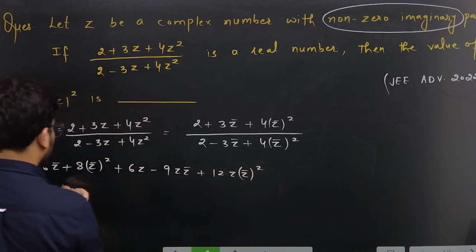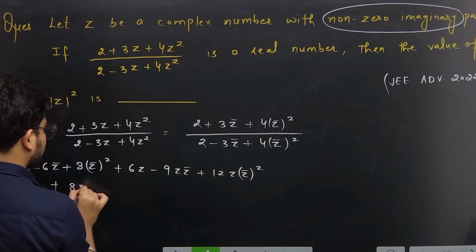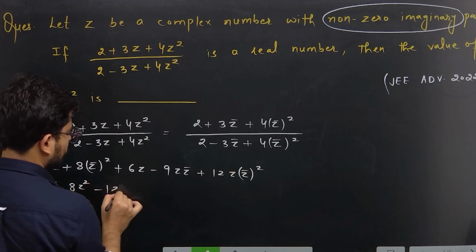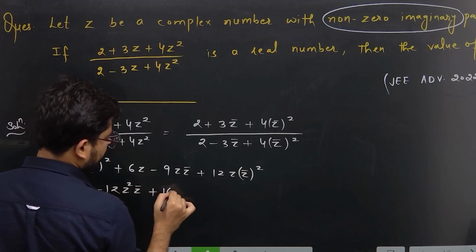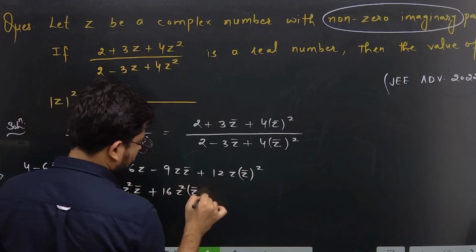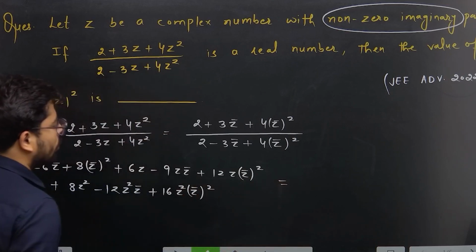Yes, plus 4 into 2, 8z square, minus 12z square z bar plus 16z square into z bar square. Okay, and this thing is equal to what?